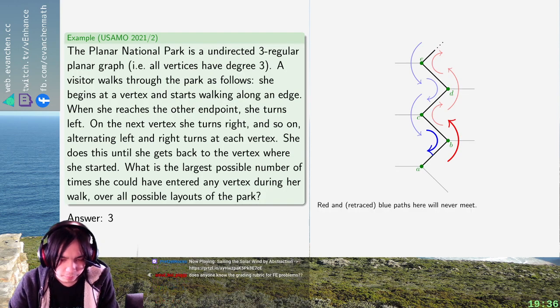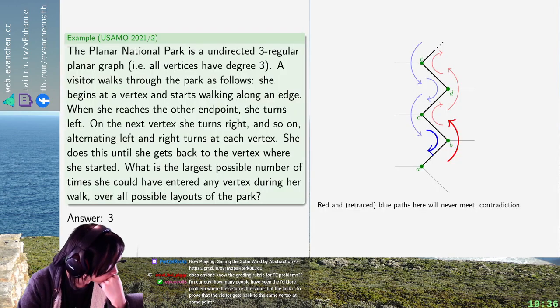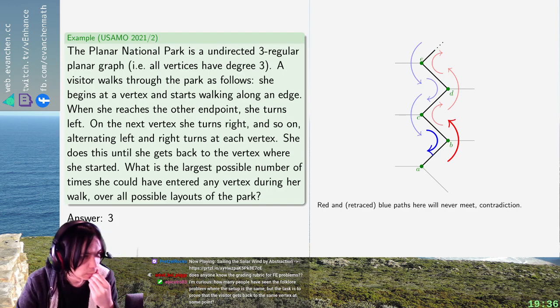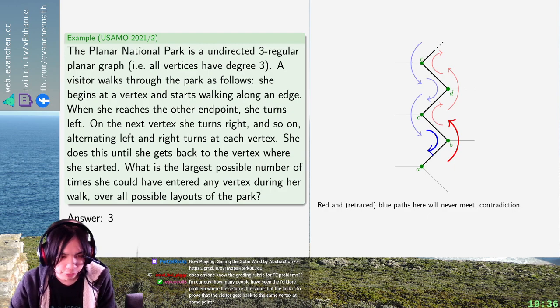Contradiction. So hence at most 3 visits to each vertex.